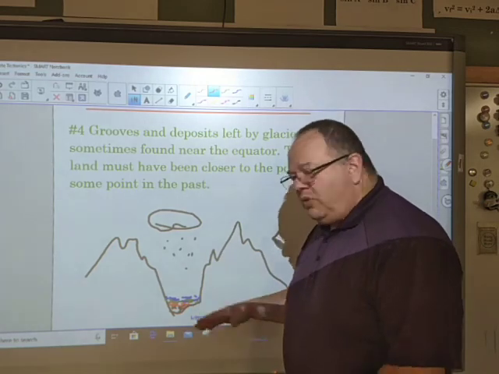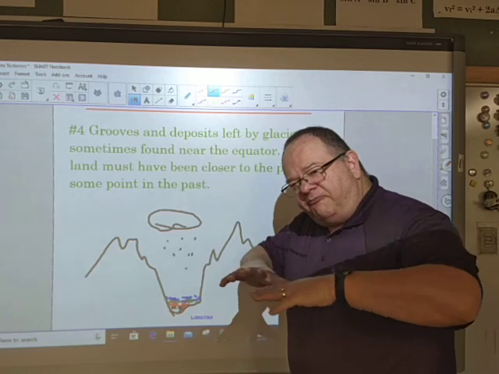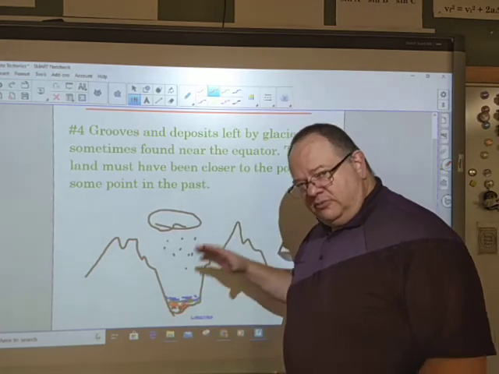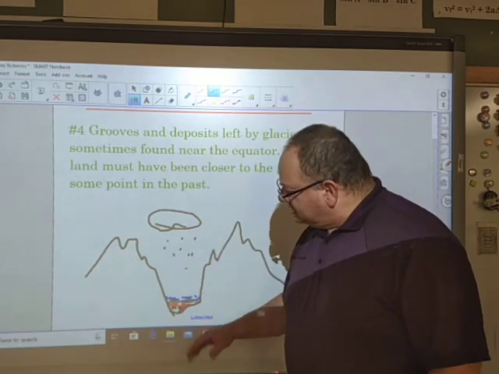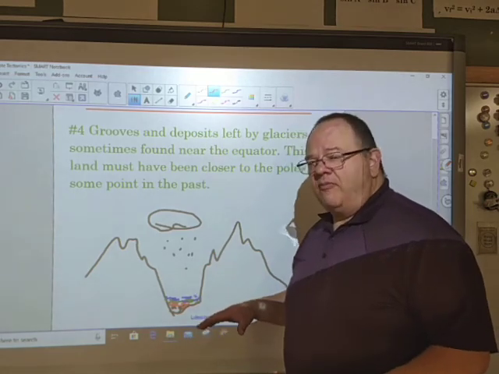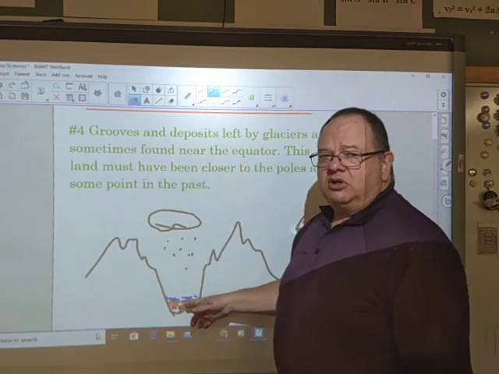And eventually the weight is so great on it that that ice actually is getting squeezed and flowing out over the land. And that glacier then, that mass of ice, gets pushed and actually flows down through the mountain valleys, grinding everything in its path. Well, that's a cold climate situation.